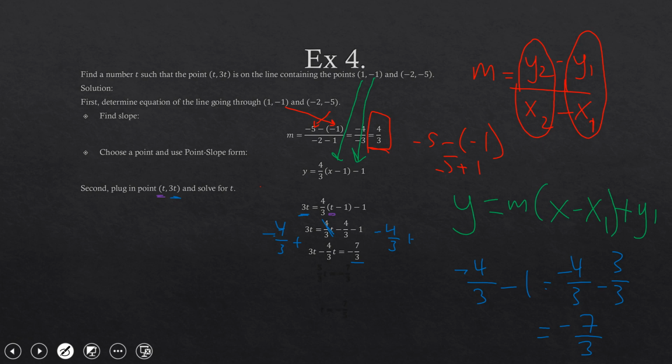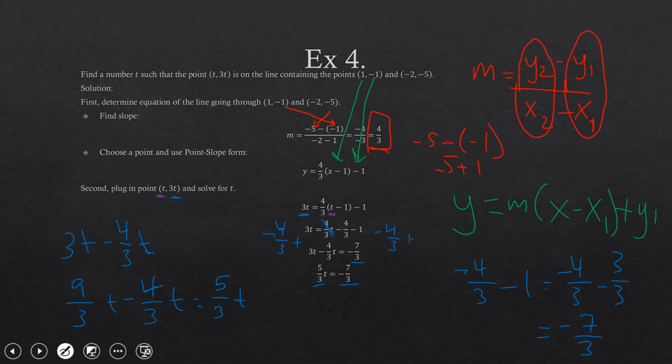So now let's go ahead and combine 3t minus 4/3 t. So this is 9/3 t minus 4/3 t. And 9 minus 4 is equal to 5. So this is 5/3 t on the left. So we have 5/3 t equals -7/3.